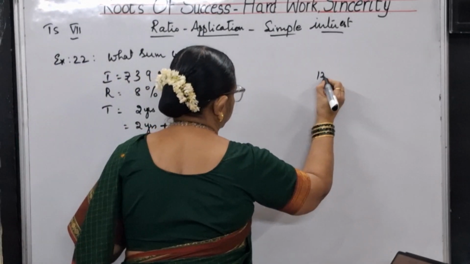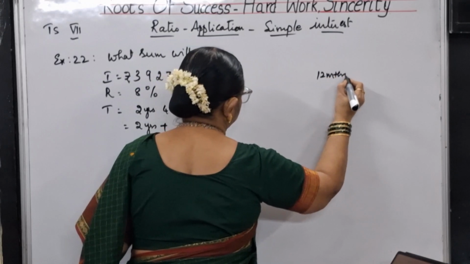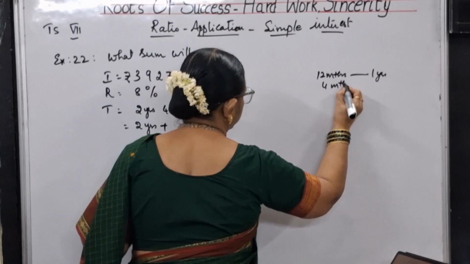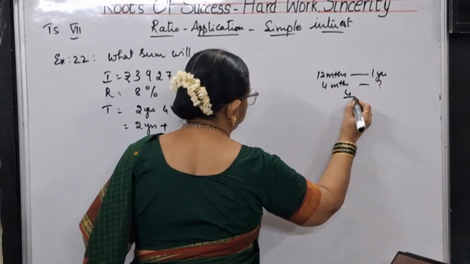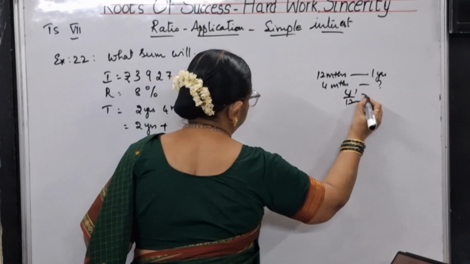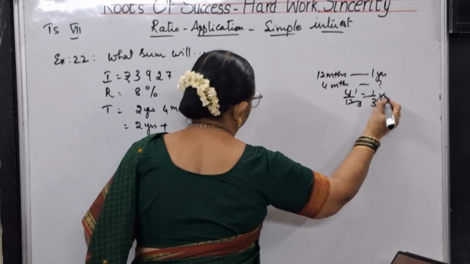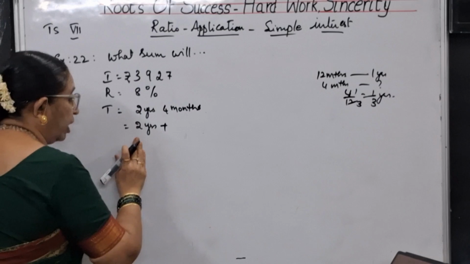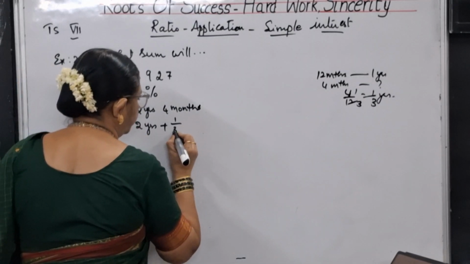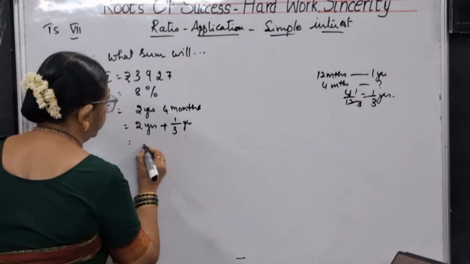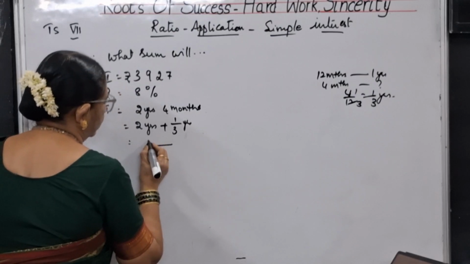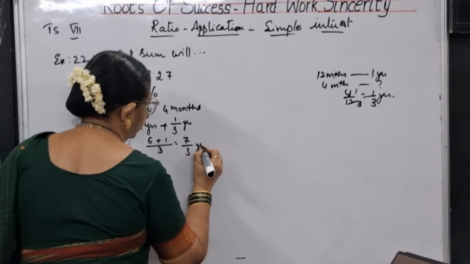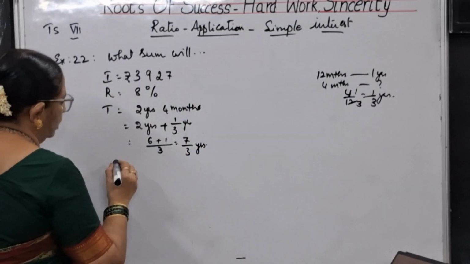We know that 12 months make 1 year, and 4 months make how many years? 4 by 12, 1 by 3 years. So always you need to have the same units. That means we have to have the same years. 2 years plus 1 by 3 years. That means how much children? 3 2s are 6 plus 1, 7 by 3 years is T.